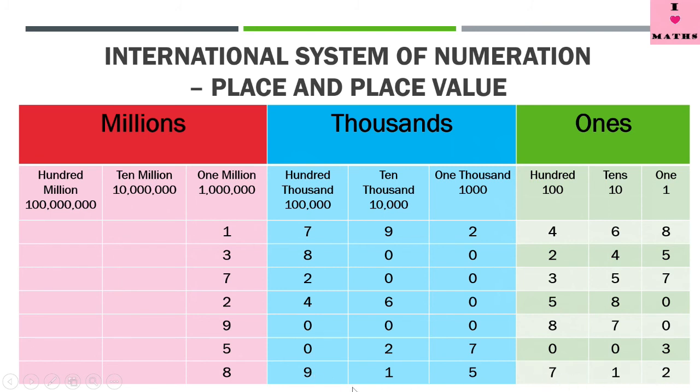Children, 915 were there in the thousands period, so I read them together as 915,000. So this is 8,915,712. I hope children you would have understood how to read large numbers in the international system of numeration.